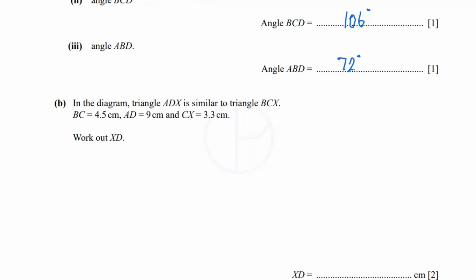In the diagram, triangle ADX is similar to triangle BCX. BC is 4.5 centimeter, AD is 9 centimeter, and CX is 3.3 centimeter. Work out XD.